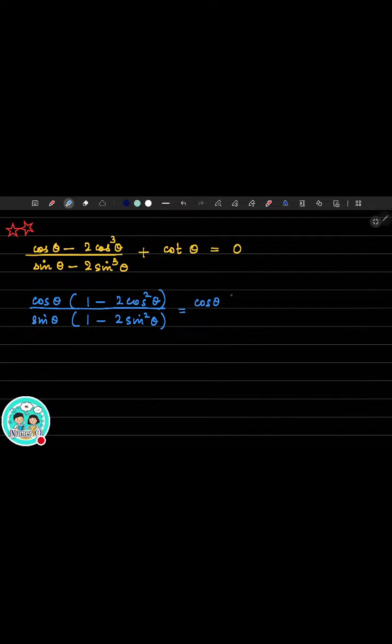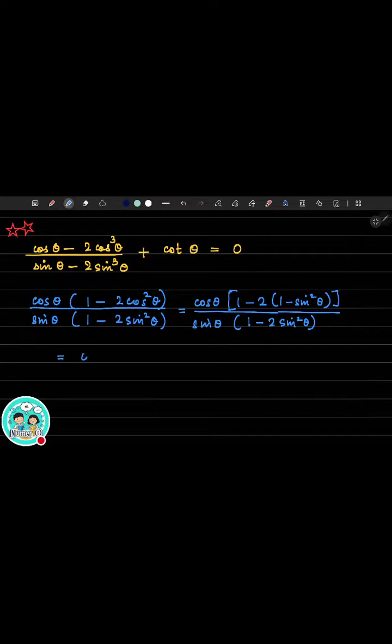So cos theta multiplied by, let me take a square bracket, 1 minus 2 cos square theta, I can write it as 1 minus sin square theta, whole divided by, in the denominator, sin theta multiplied by 1 minus 2 sin square theta. Let the denominator term in the bracket remain as it is.